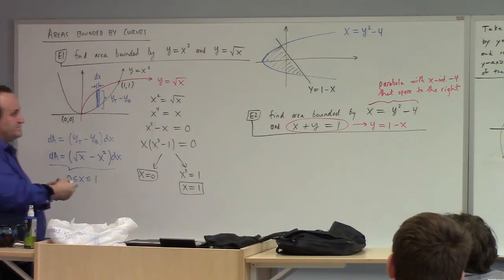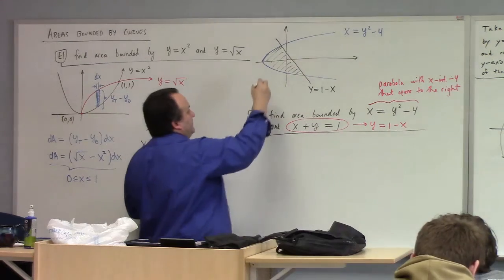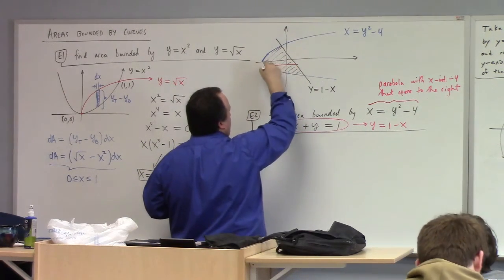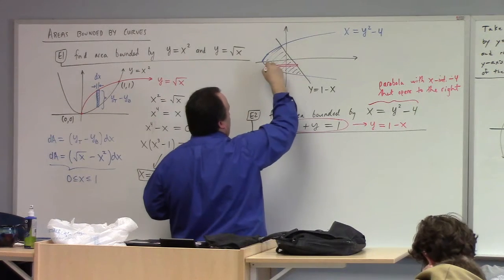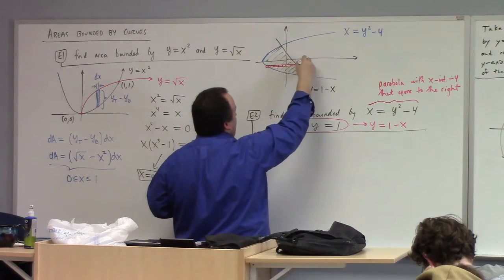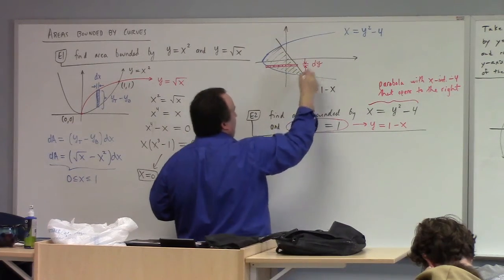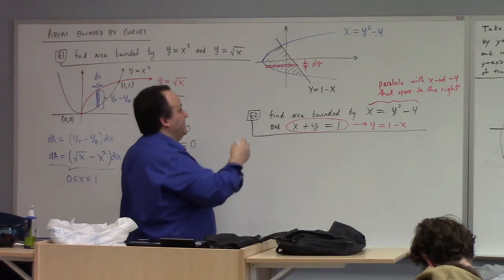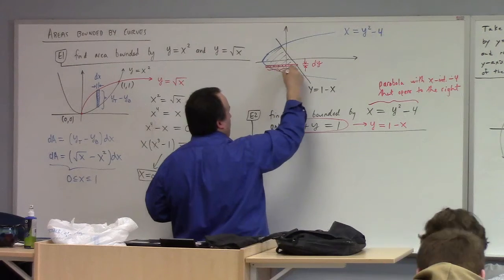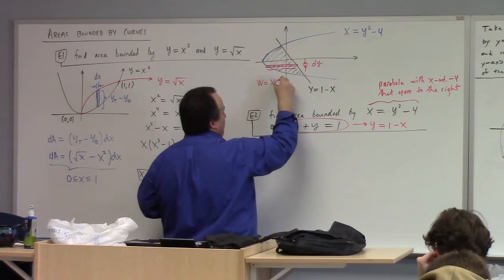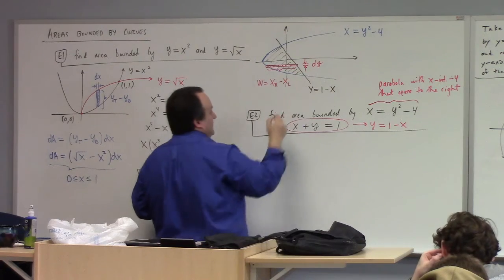So what we do is imagine a typical approximating rectangle that looks more like this, a horizontal one, right? So now the thickness is not dx anymore, it's dy. And the width of this approximating region is equal to the right x minus the left x.